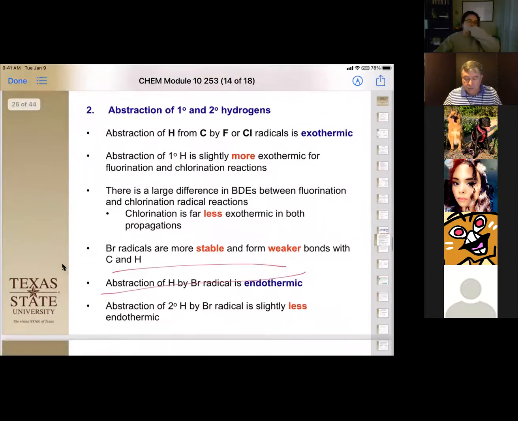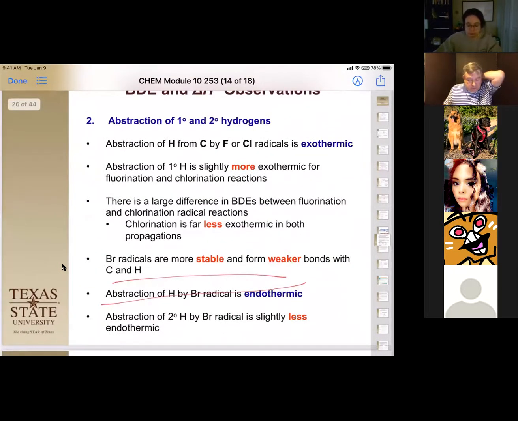Okay, so if we look at the difference between the fluorine and the chlorine in abstracting a primary or a secondary hydrogen, we see that the hydrogen abstraction of the primary hydrogen is slightly more exothermic in fluorine and chlorine, okay? Slightly more exothermic.